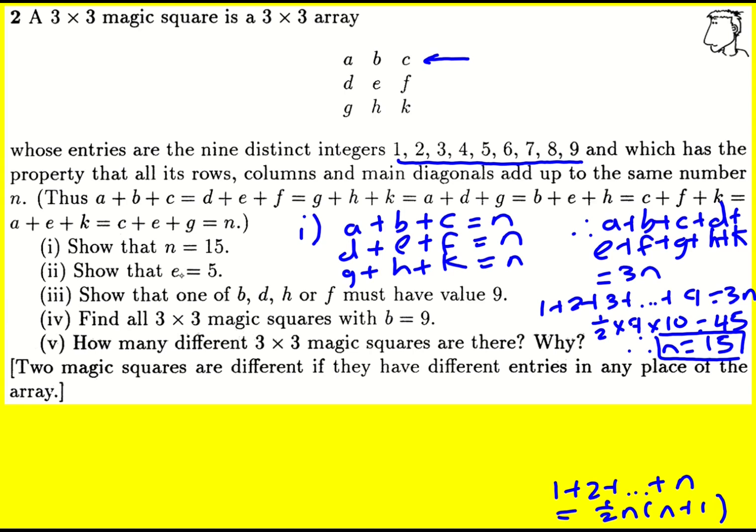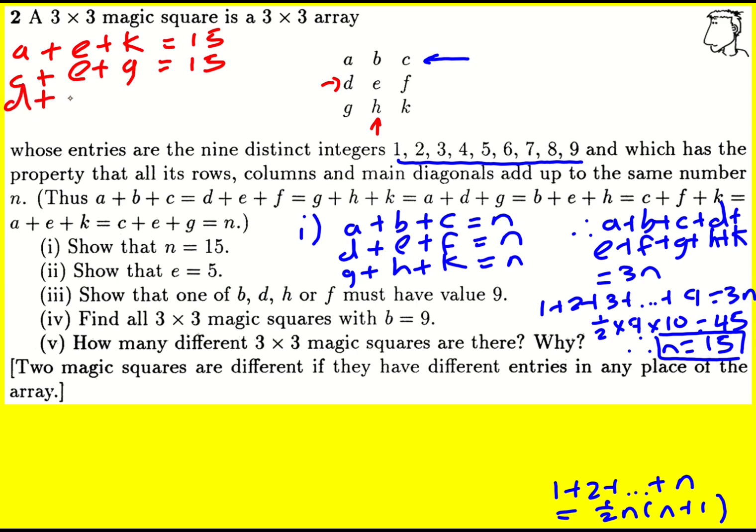Now I have to show that the middle number must be 5. And what we're going to do is a very similar sort of thing, but this time, instead of adding all of the rows, I'm going to add the diagonals. A plus E plus K must equal 15, and so must C plus E plus G. And then I'll take the middle ones, because I'm trying to use E as much as I can, because that's the one I'm trying to work out.